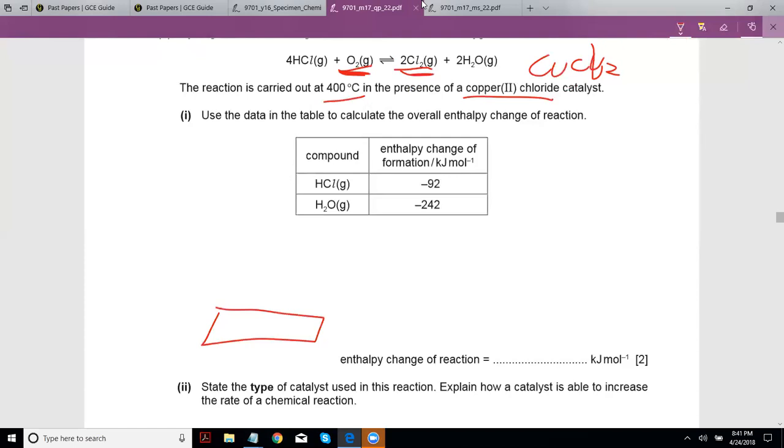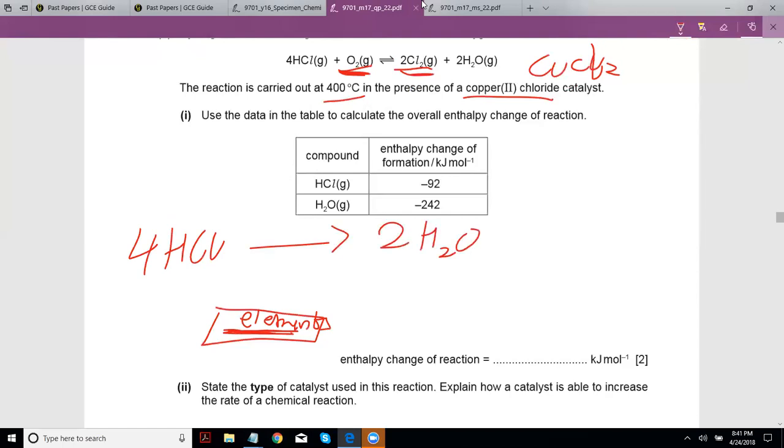So you have all the elements here in their standard state. I don't really care about them. Either you have 4HCl and it's going to 2H2O.